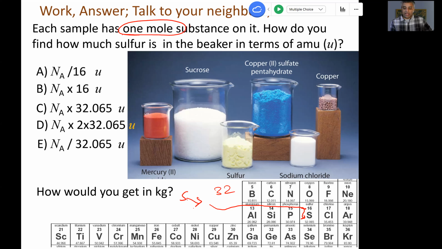That means it has Na number of sulfur atoms there. So Na times the mass of one atom. So yeah, it looks like C is the correct answer in terms of atomic mass number.